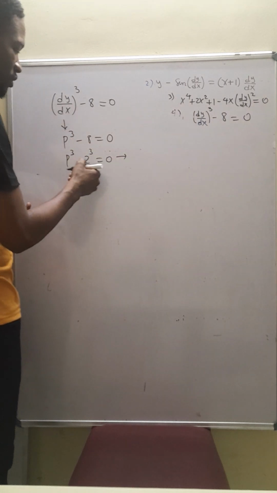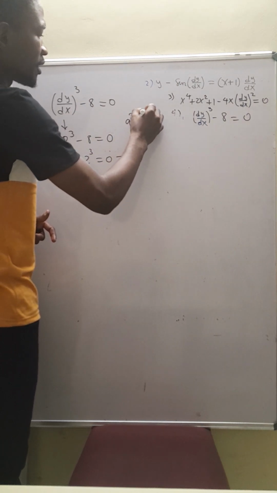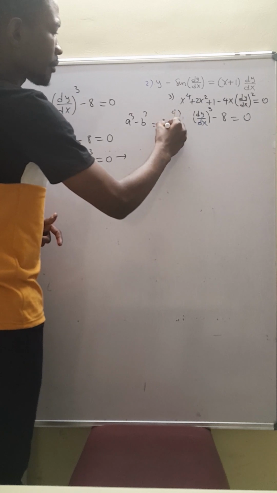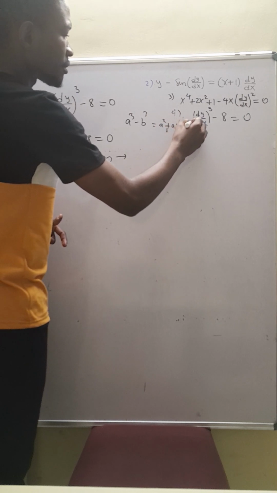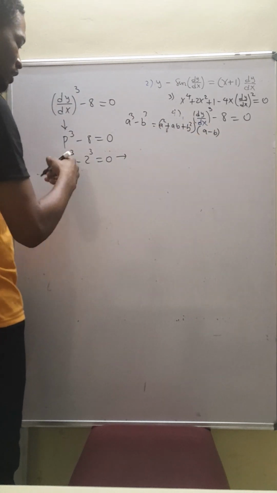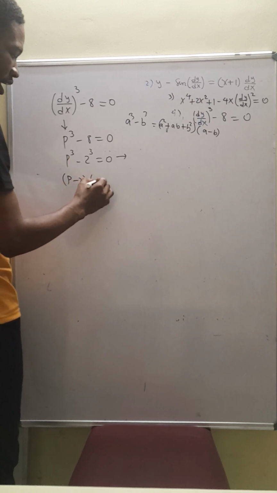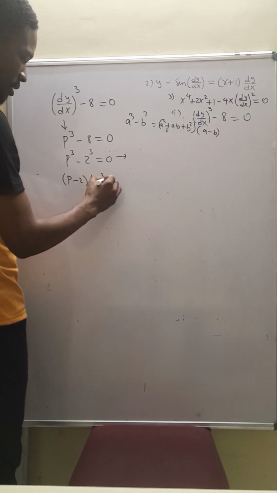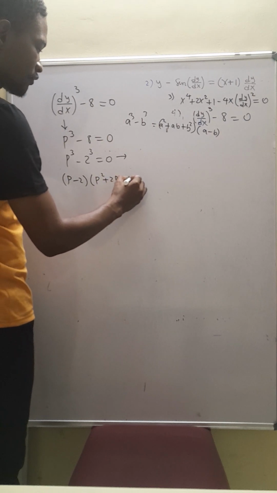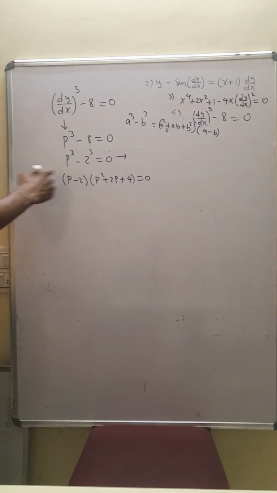So here I have this one. When I have a³ − b³, it is equal to (a² + ab + b²)(a − b). This is the same as what we have here. So you get (p − 2)(p² + 2p + 4) = 0. Then how do we find this?